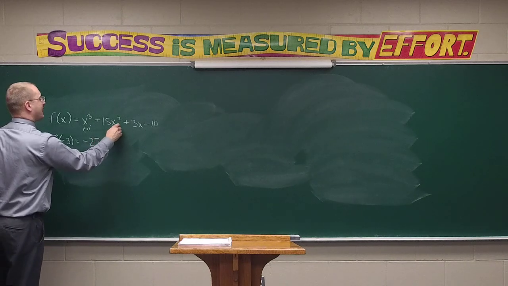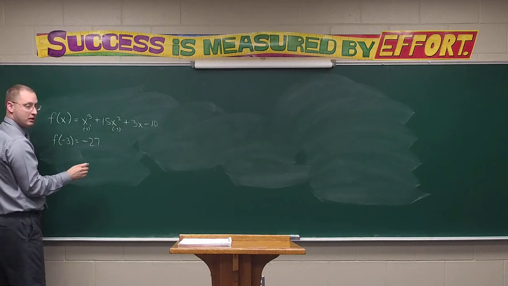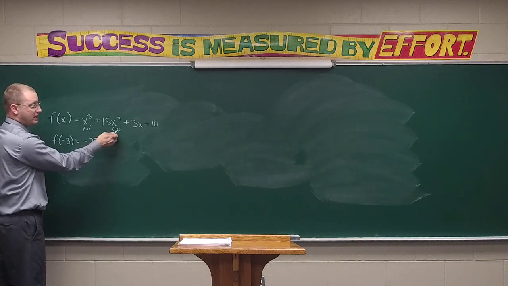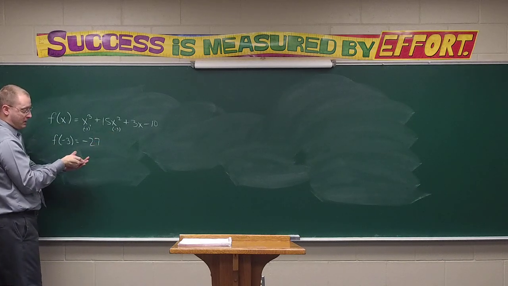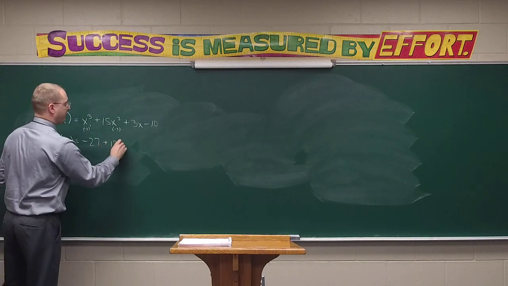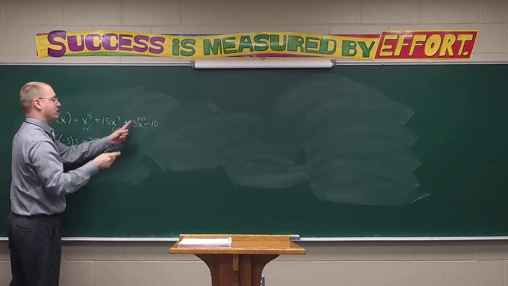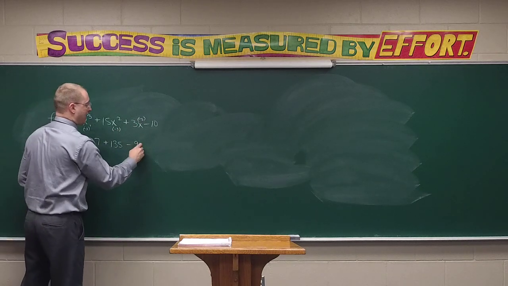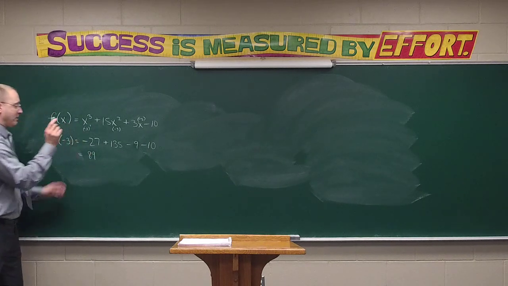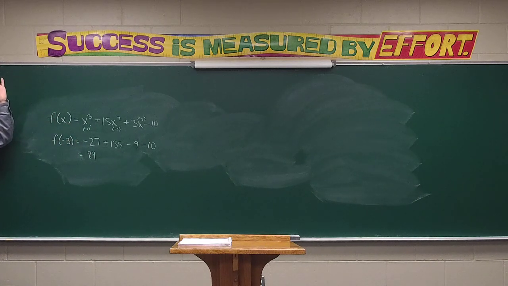When I square a negative 3, I get a positive 9 times 15, 135. And then of course, negative 3 times 3, negative 9, minus 10. We evaluate and we end up with 89. Positive 89 is correct. How many got the same answer for number 1?